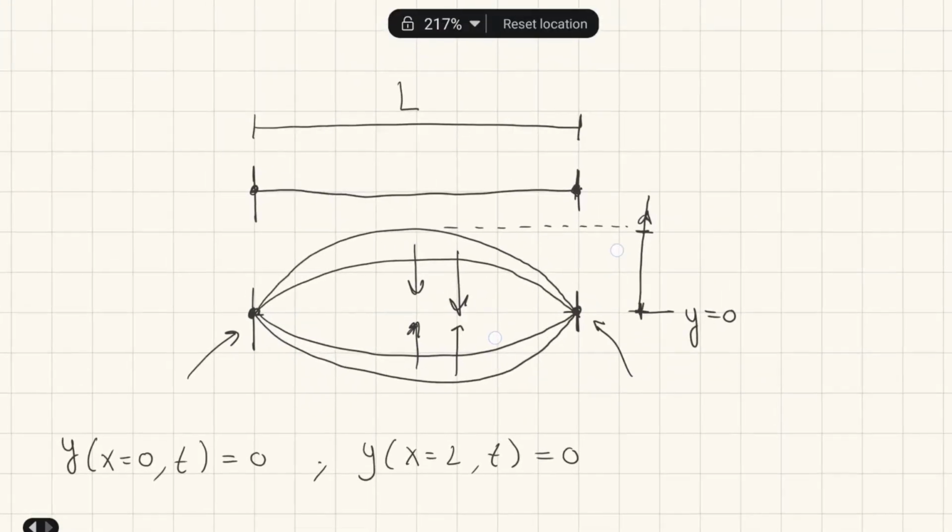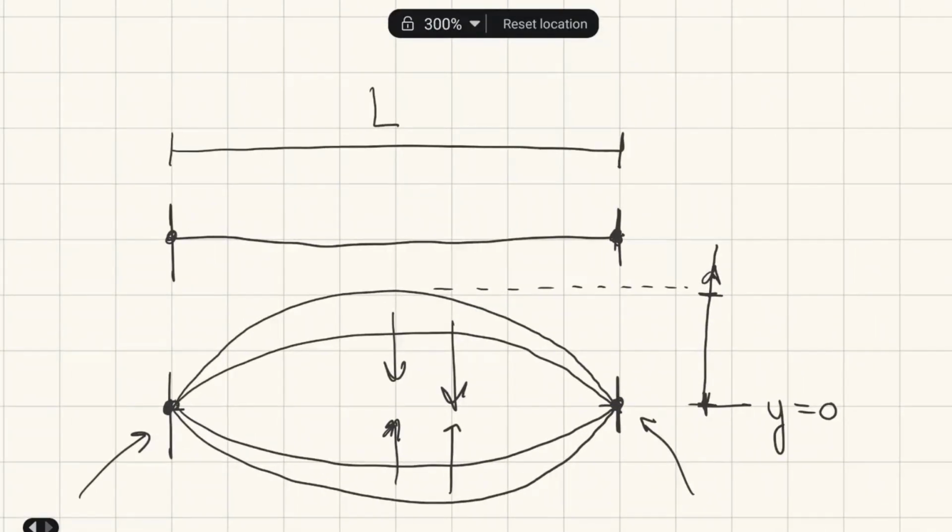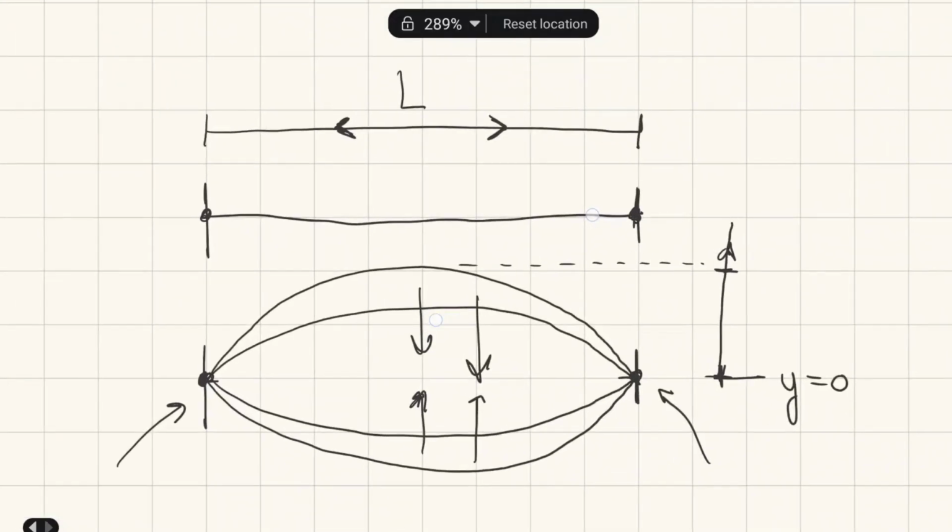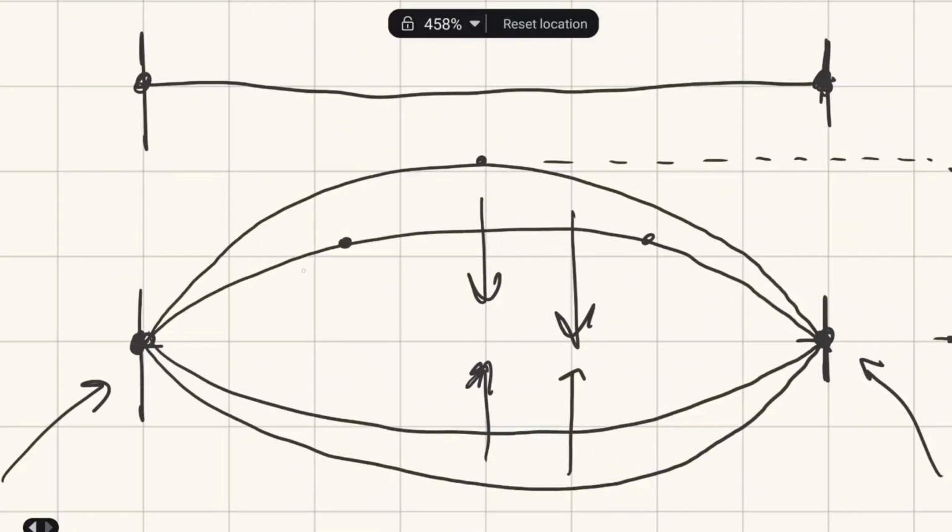Notice that we are going to have some strain on the string, right? It will be a force that is applied to every point of the string, and this force will be in the x direction and the y direction. I mean that it will have two components like this.